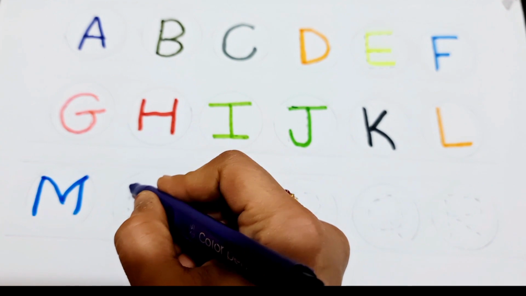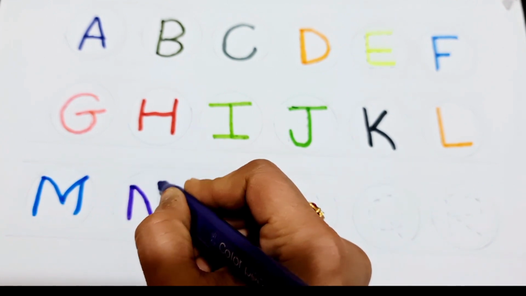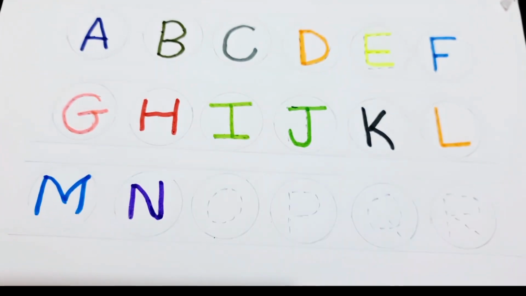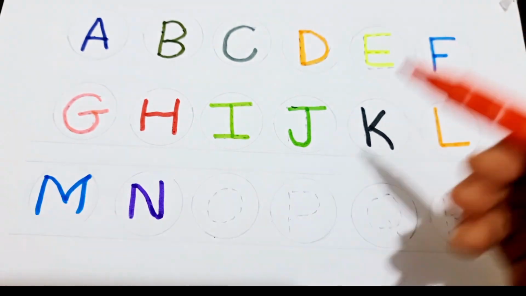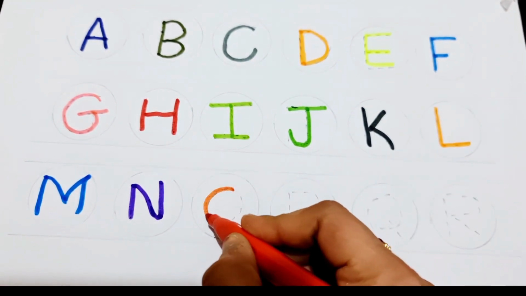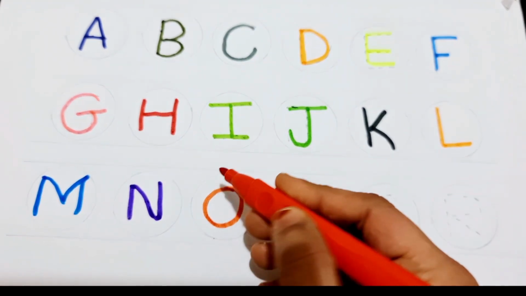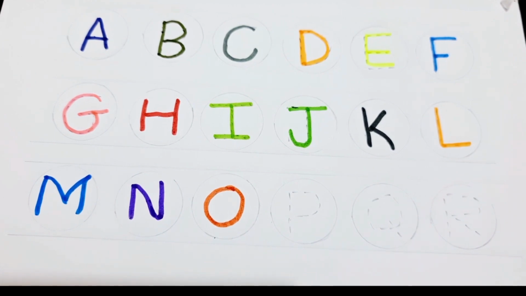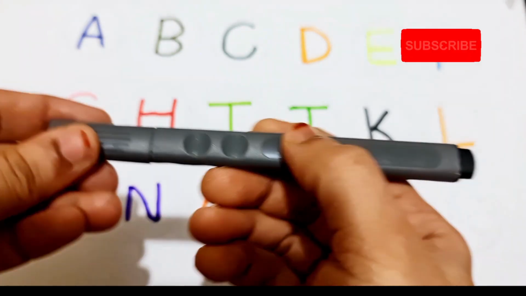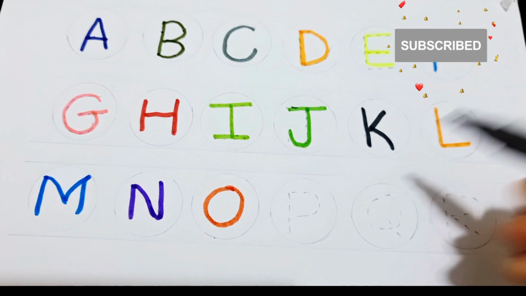Violet color. N is for nest. Red color. O is for orange. Dark gray color.